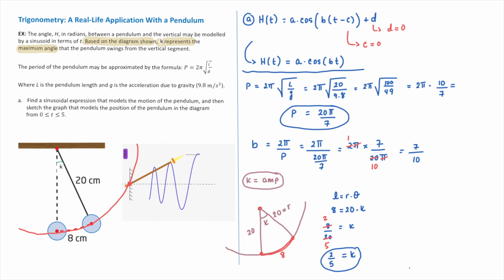So here, the expression will now be like this. H of t will equal 2 over 5 times cosine, and then if you remember, B was 7 over 10 times t, and that becomes the expression of the sinusoid.